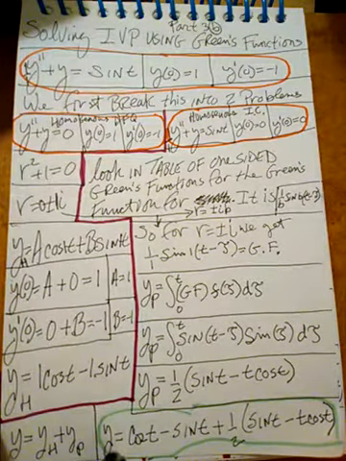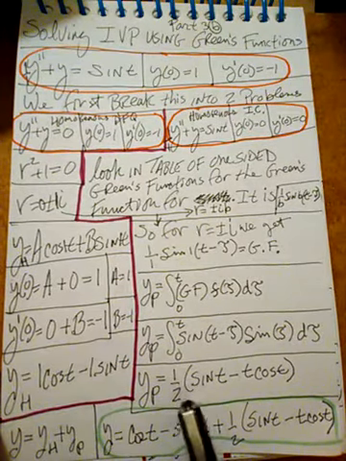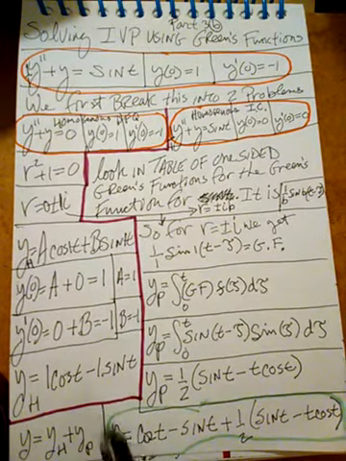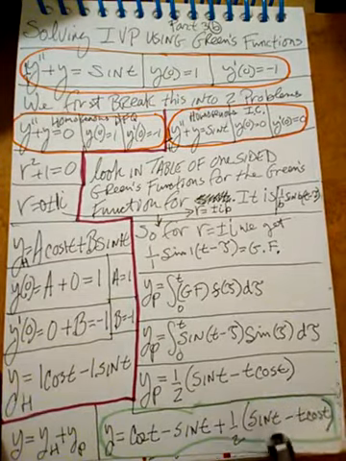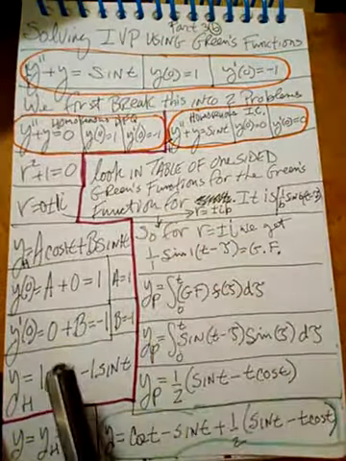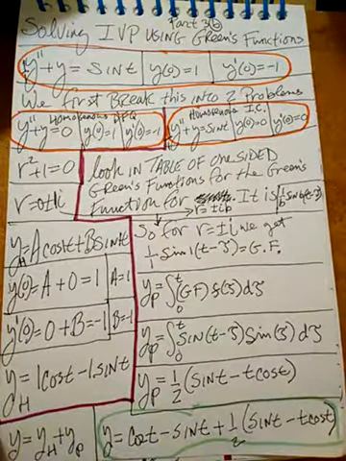So here's y general: the solution here plus the solution here. The solution here is 1 cosine t minus sine t, plus the solution to this is this. So the solution to this is the solution to this differential equation plus the solution to this differential equation.